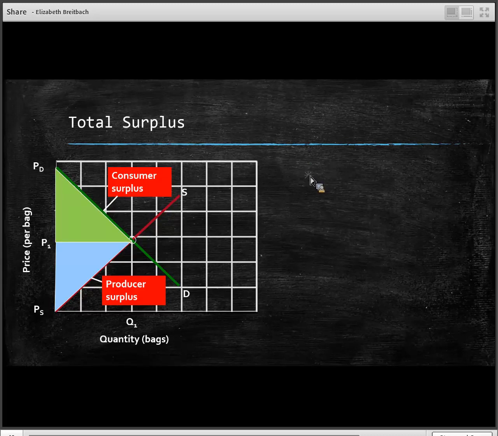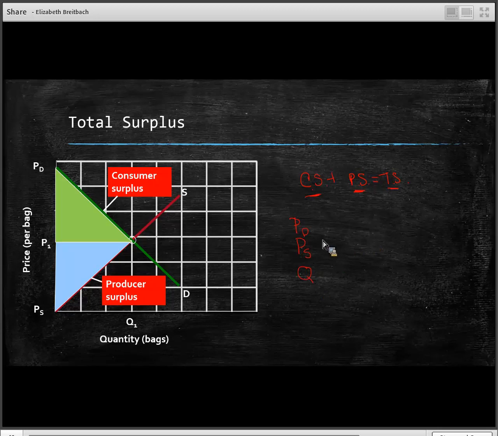If we've already calculated each one separately, we can just take the consumer surplus we've calculated, add it to the producer surplus, and that will give us total surplus. Otherwise, if we have to calculate it just from this information, we would need to know PD, we'd need to know PS, and we'd have to know Q1.